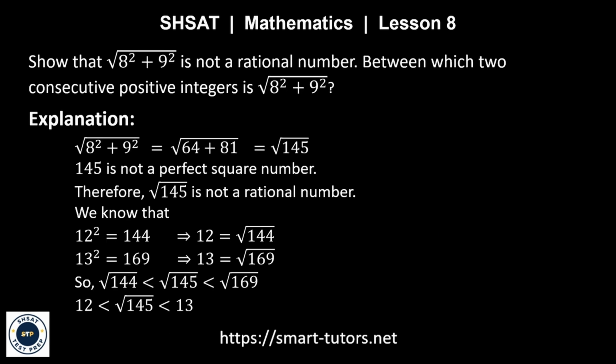Show that radical of 8 squared plus 9 squared is not a rational number. Between which of the consecutive positive integers is radical of 8 squared plus 9 squared?